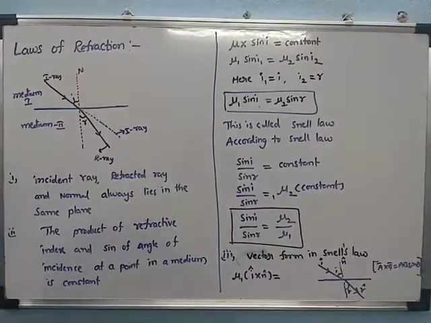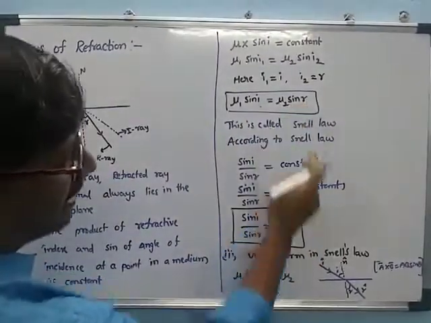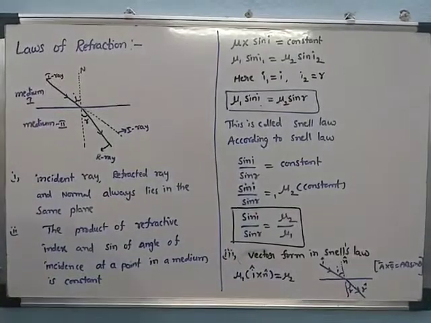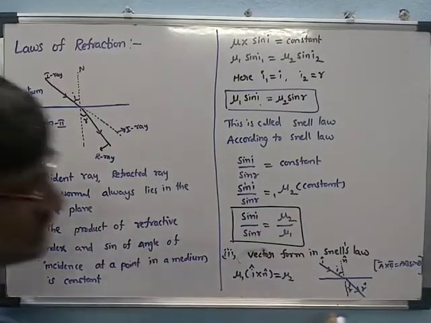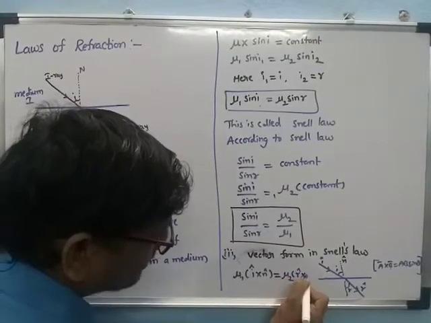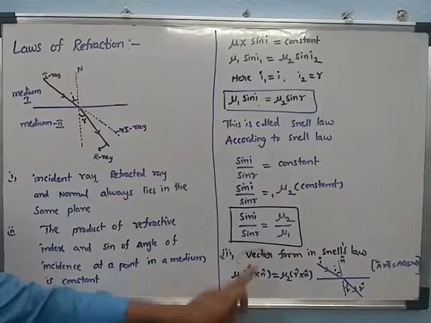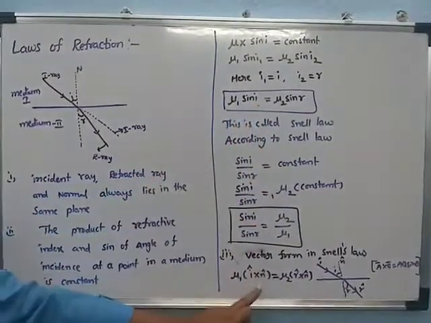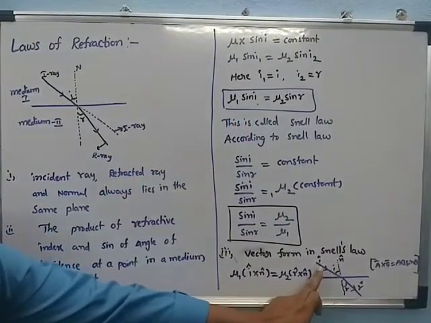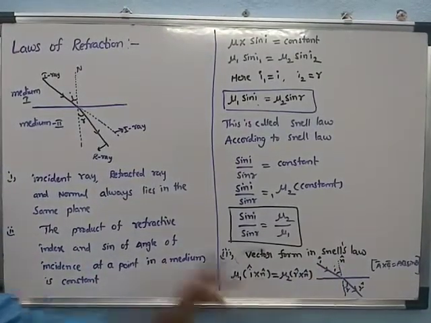Next, it is equal to nu 2 sin r. Sin r is for the angle of refraction, which is made with the normal. That is R cap cross N cap. I is the angle of incidence, the angle between the incident ray and normal, that is I cap cross N cap.